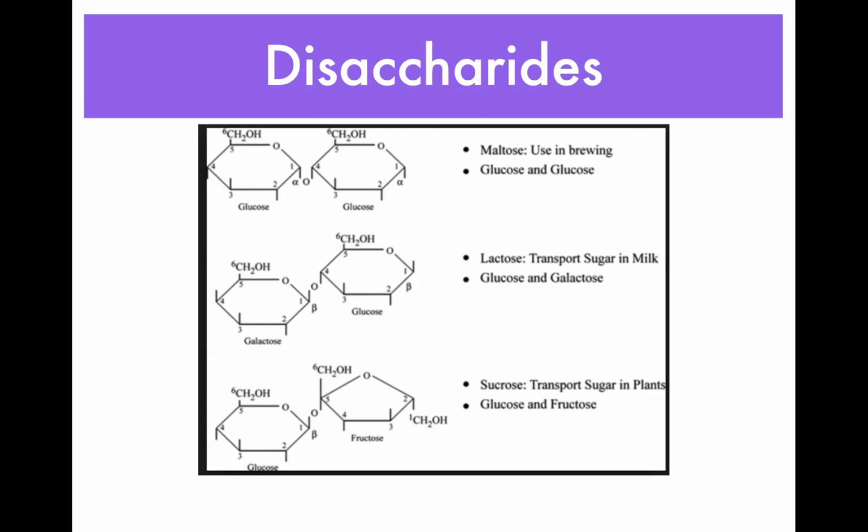We have monosaccharides and we also have disaccharides. I want you to be familiar with a few of these disaccharides: maltose, lactose. I know you've heard about lactose before. Sucrose is another word for table sugar. These are all examples of disaccharides.